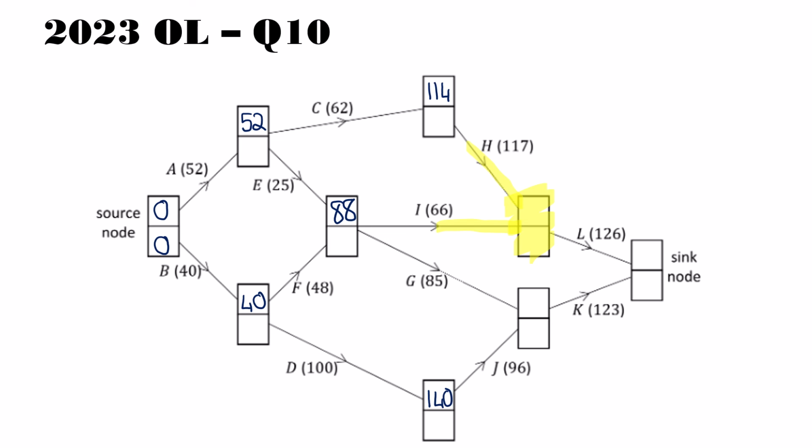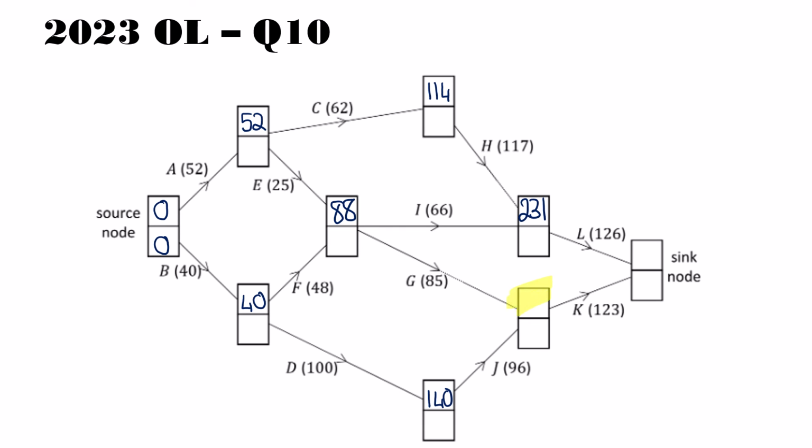That's 231. And the other one I have, 88 plus 66, which is 154. So we're going to take the bigger one, which is 231. So that's going to go in here. So we always take the biggest early time.